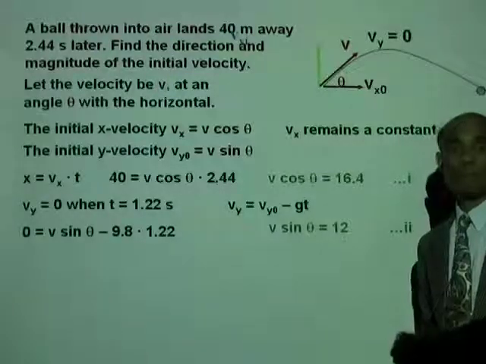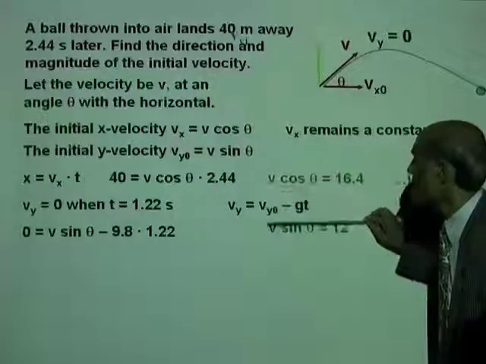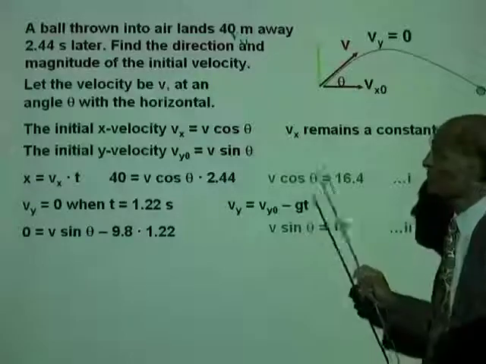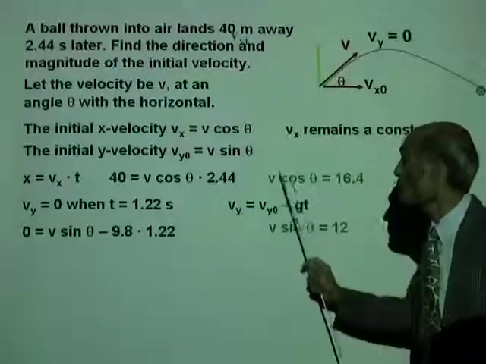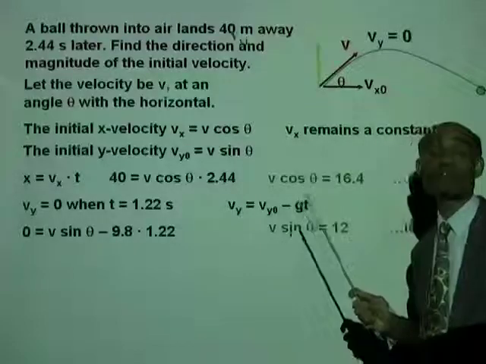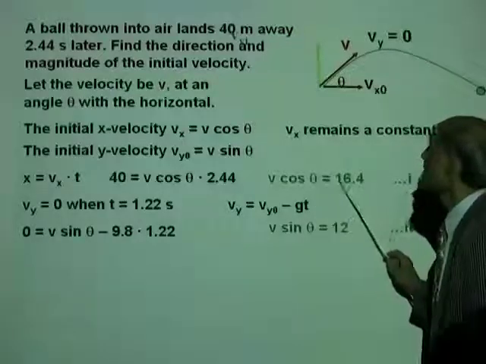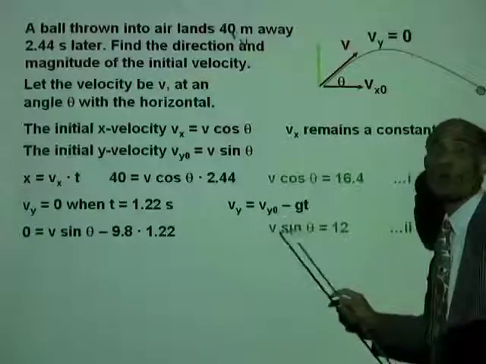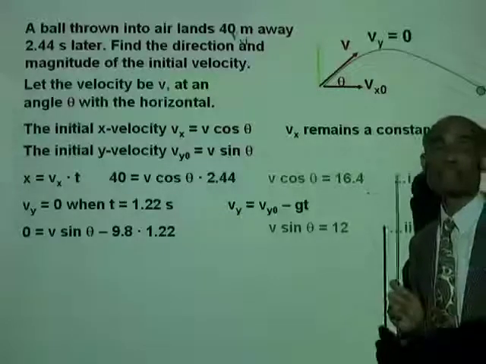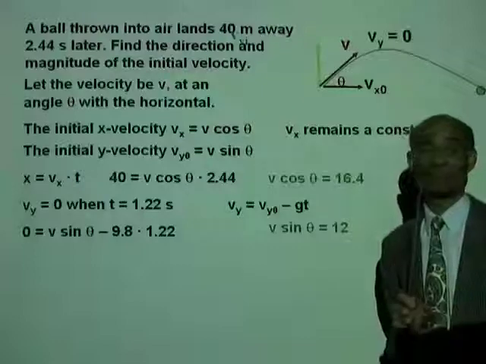Okay, let me see how much mathematical background you can use to solve this problem. What we are looking for is the value of V and the value of theta. And we have two equations: V cos theta equals 16.4, and V sin theta equals 12. Can you find the value of theta from here?